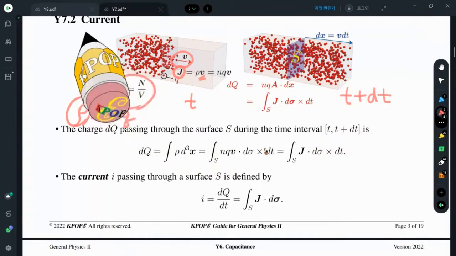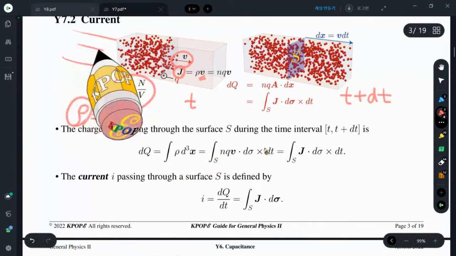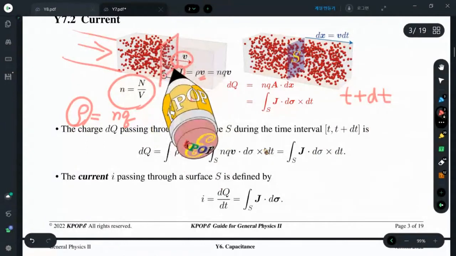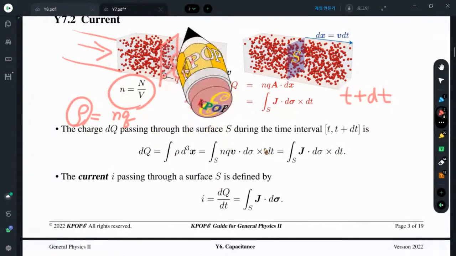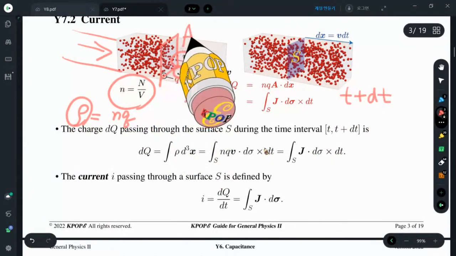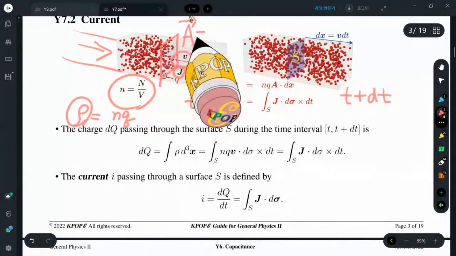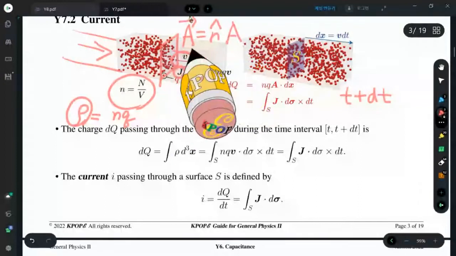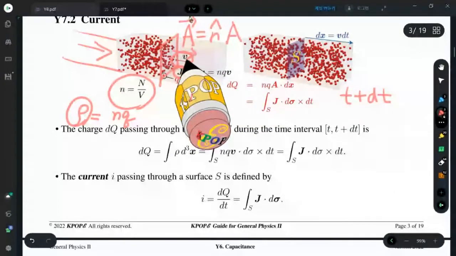We assume every particle is moving with the same velocity. Because of that, there is a flow of charge coming in, and it passes through a cross-sectional area whose magnitude is A, written as n hat A, where n hat is the unit normal vector of the cross-sectional area.